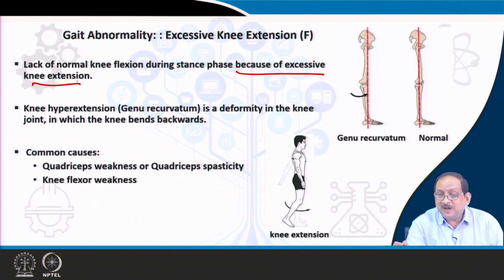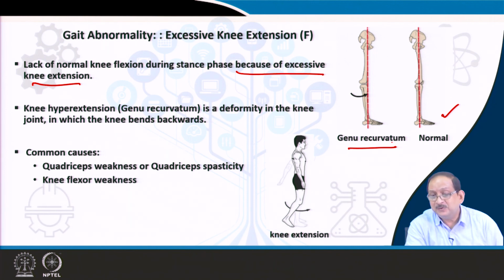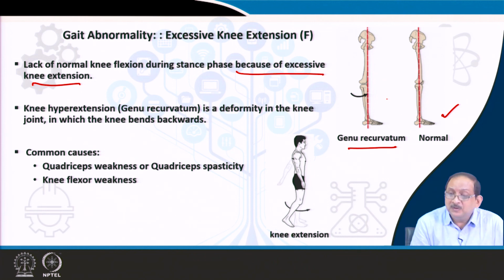So, you can see on the right the normal condition, whereas on the left we have this case of knee hyperextension, which is a deformity of the knee joint in which the knee bends backward. So, this line actually moves a little bit forward.